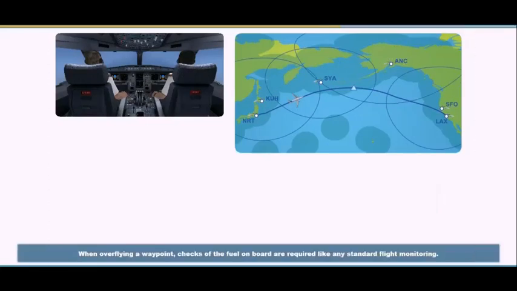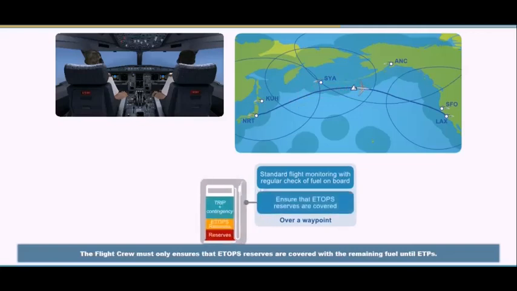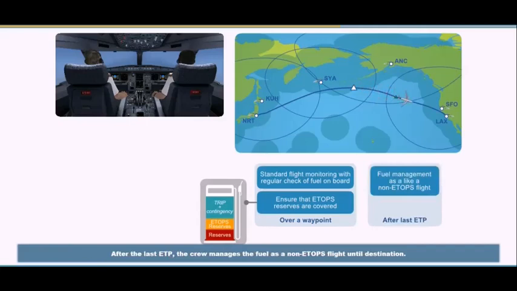When overflying a waypoint, checks of the fuel on board are required, like any standard flight monitoring. The flight crew must only ensure that ETOPS reserves are covered with the remaining fuel until ETPs. After the last ETP, the crew manages the fuel as a non-ETOPS flight until destination.